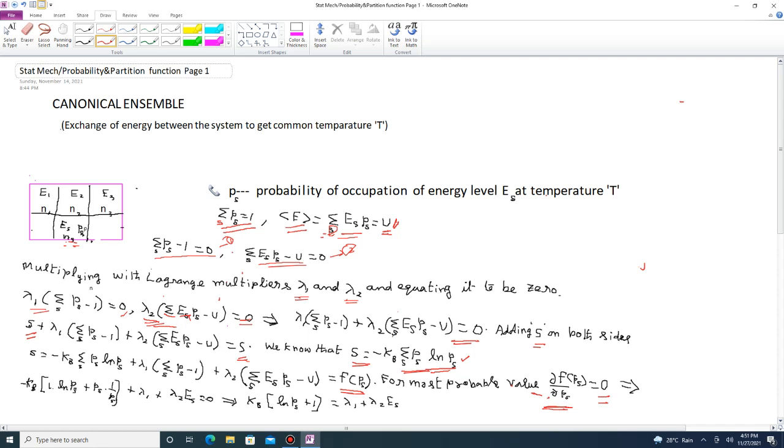If you differentiate the second term with respect to Ps, you get 1, so this term becomes lambda 1 alone. If you differentiate the third term with respect to Ps, you get lambda 2 into Es, which is equal to 0. By simplifying, you will get this expression.